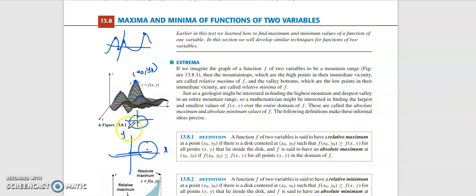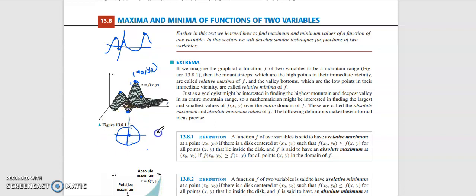Now for the absolute minimum it is similar. If we take this point, corresponding to that point in the xy plane you will have a disk centered at this point x0 y0.